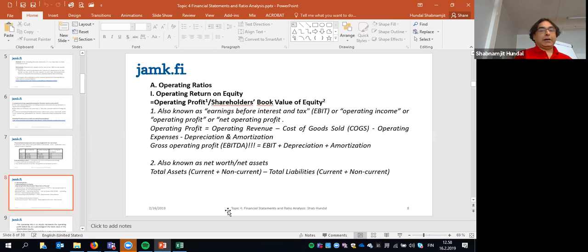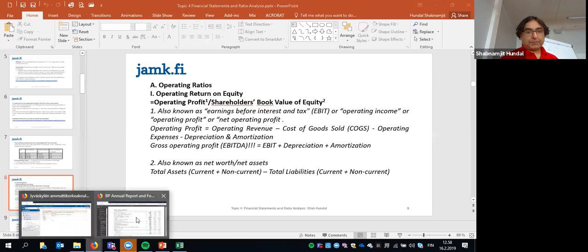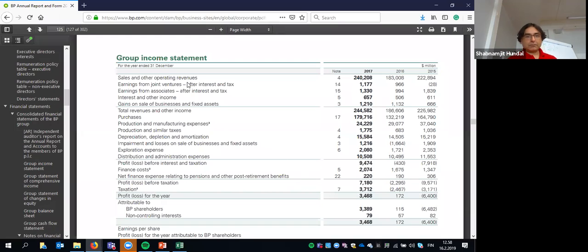So therefore, operating profits are taken rather than net profit or gross profit, right? So how do we find operating profit? Let's go to the company's annual report, which is here. So these are the company's revenue. The total revenue is this much. The first set of expenditures, you can see here with the cursor, these are basically your operating expenses. And if you remember, we had a discussion yesterday, operating profit should not be confused with the production expenses alone.